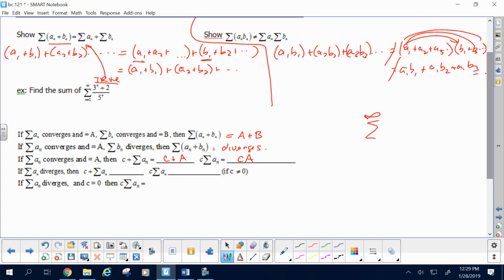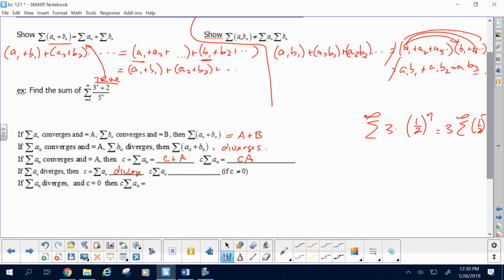If, for example, you had 3 times (1/2) to the n, you could definitely put the 3 out front and just focus on the series. So factoring a constant out front, a lot like an integral again, is allowed. If you had a series that diverged and you had a constant, then the sum of that constant and the series would diverge.